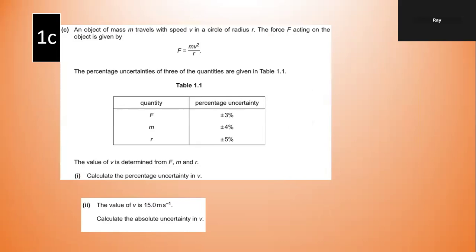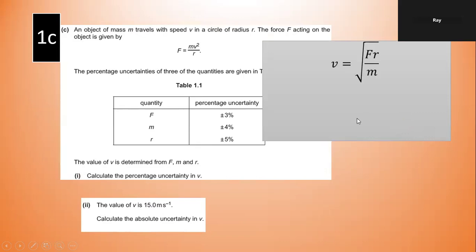Calculate the percentage uncertainty in V. 6%, right? Use this formula. For V, take the square root.